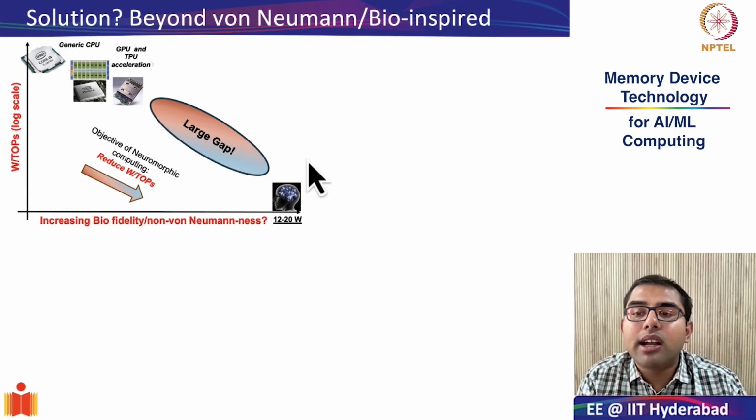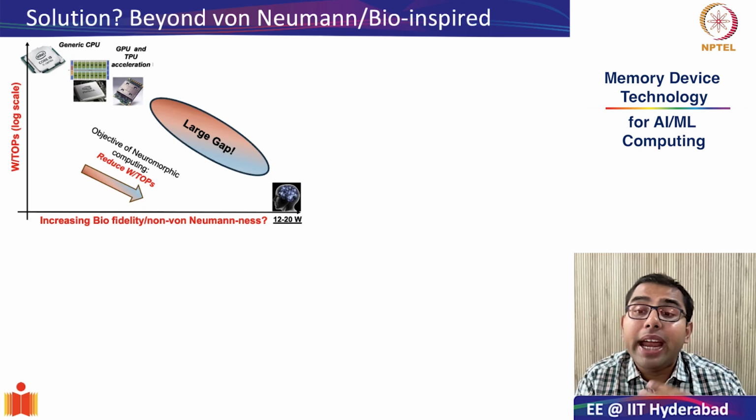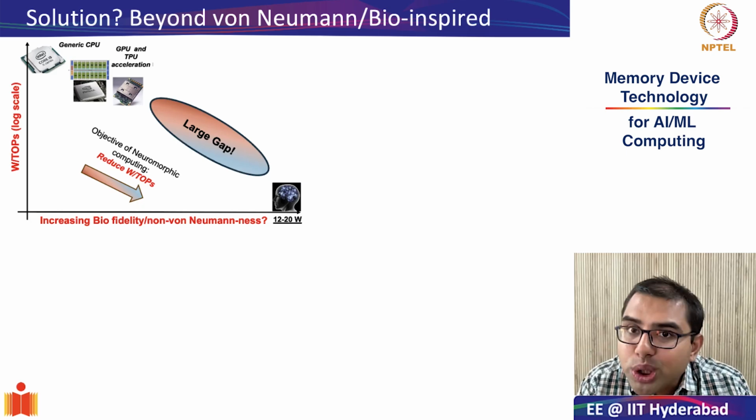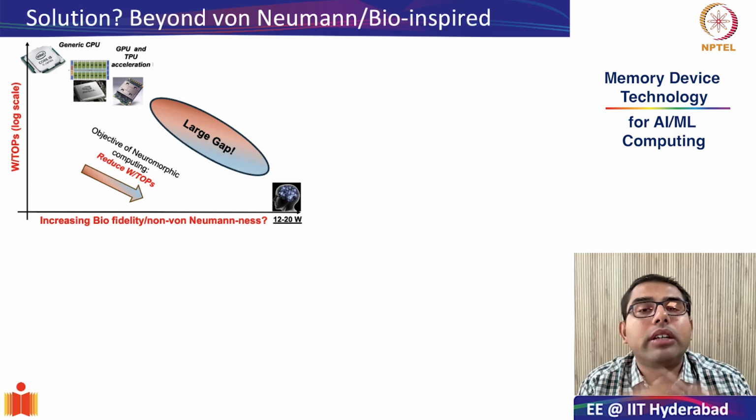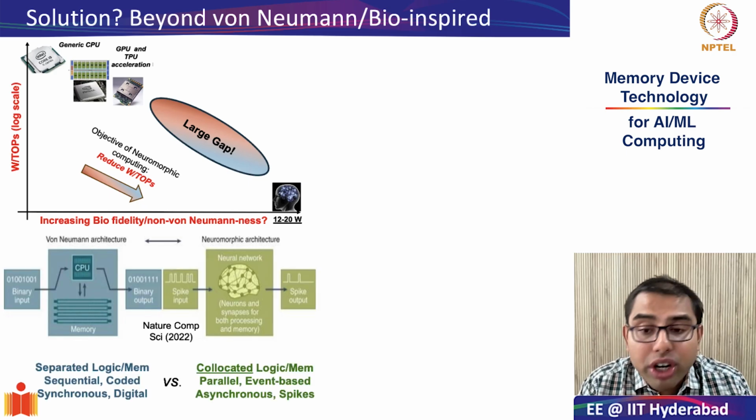And this made us realize that it is essential to bridge this gap by studying and implementing brain-inspired principles, not just in software, but also in hardware. And this is the area of neuromorphic computing that we introduced.